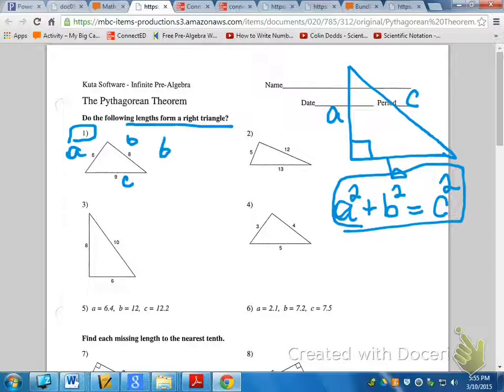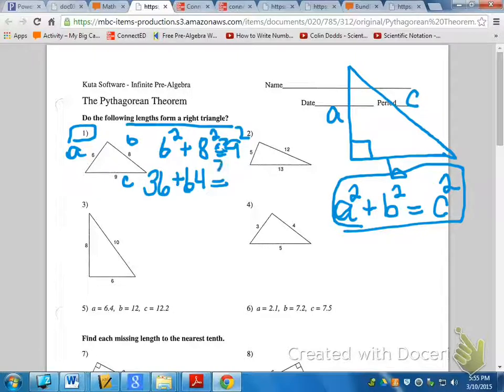I'm going to do 6 squared plus 8 squared. Does it equal 9 squared? I put a question mark over my equal sign. I hate to say that it's really equal until we know for sure. So 6 squared, 6 times 6 is 36. Plus 8 squared, 8 times 8, 64.